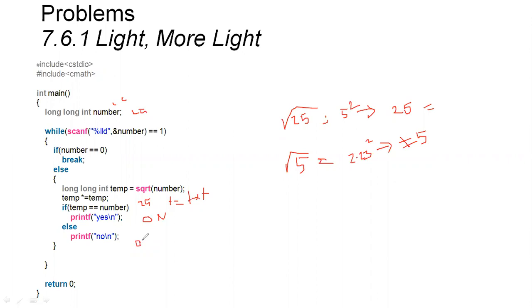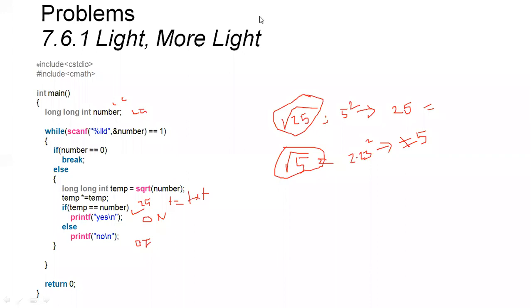So when will this happen? If it is a complete square number, only at that time this condition will be satisfied. Otherwise it will not be satisfied for a number which is not a complete square, right?